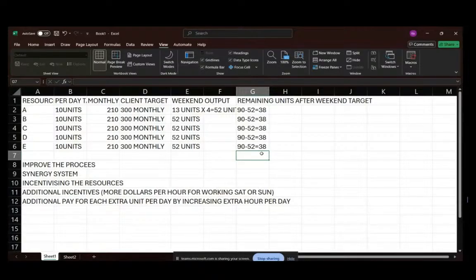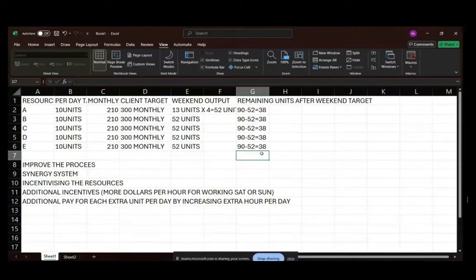Now write down monthly target. Write down 210. 21 days multiplied by 10 is 210 per person.